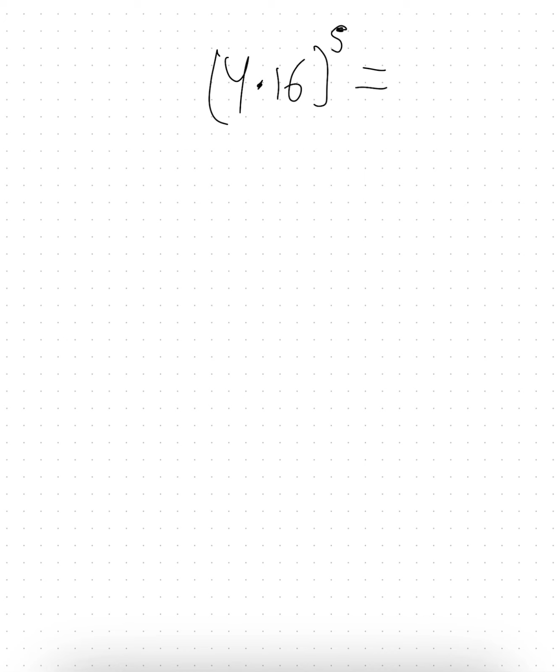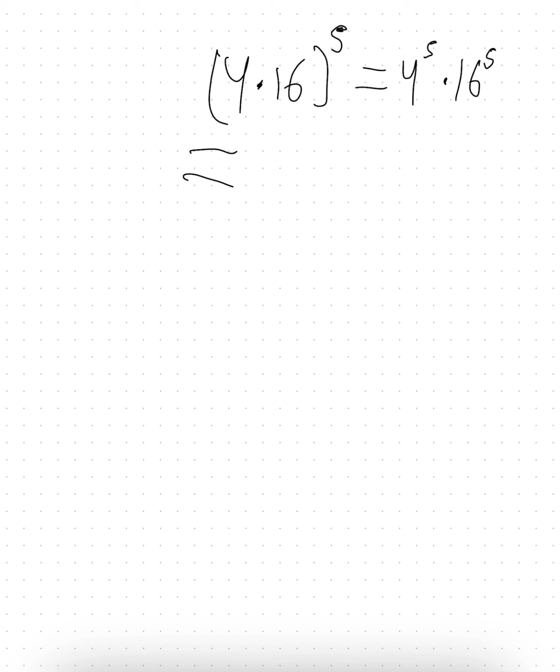Well, this is equal to 4 to the 5th times 16 to the 5th. And I'm glad I chose a problem like this because you can simplify this further, believe it or not. A big thing about numbers is that you can rewrite them all the time, right?